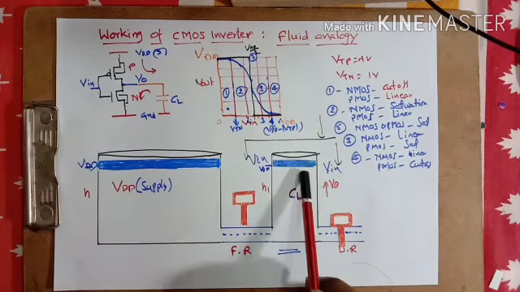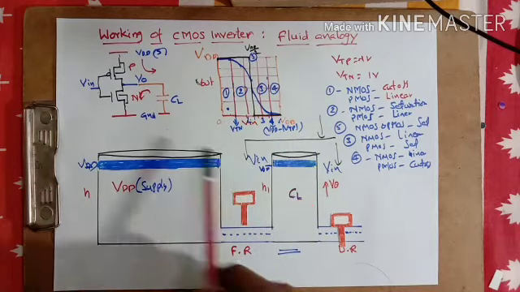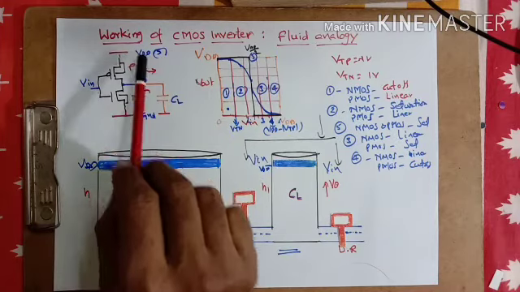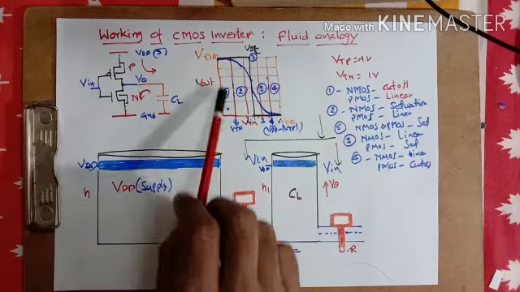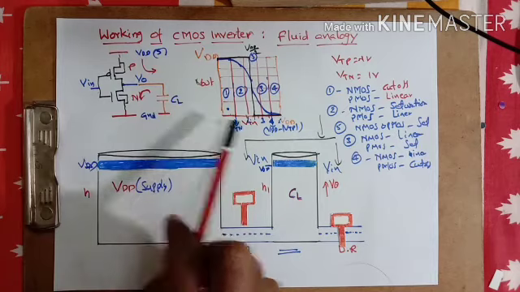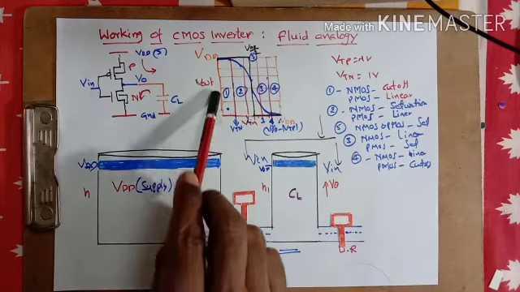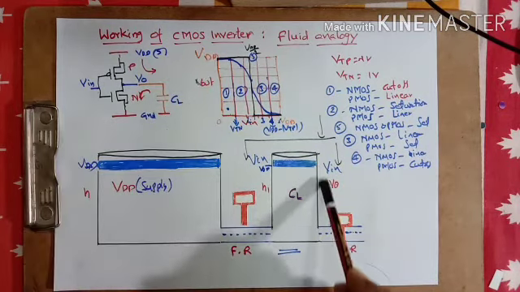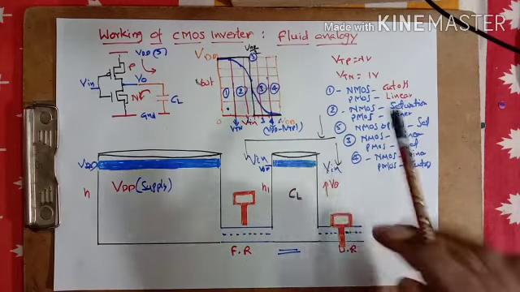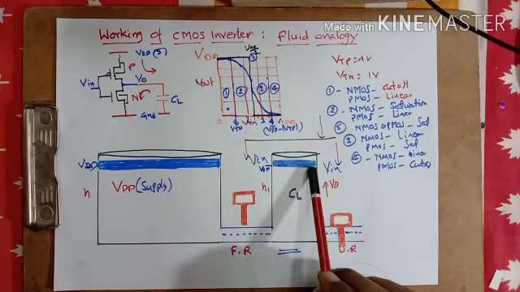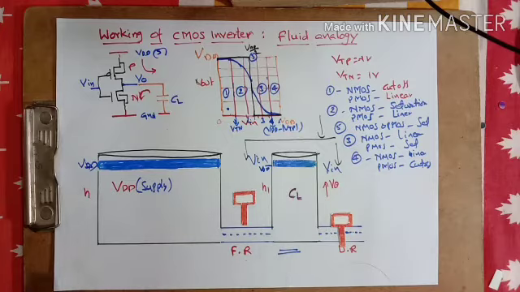So it is filling to the maximum level, which is analogous to VDD. You can see in this transfer characteristic, when the input is 0, that is the force is 0, the output goes up to VDD. The level, the height of this, is nothing but the output voltage.